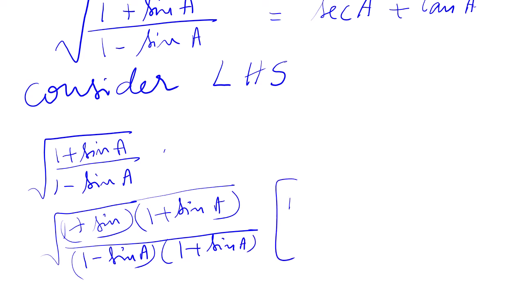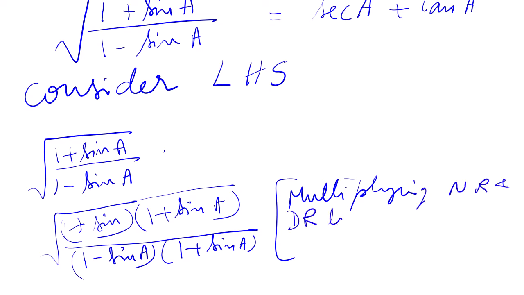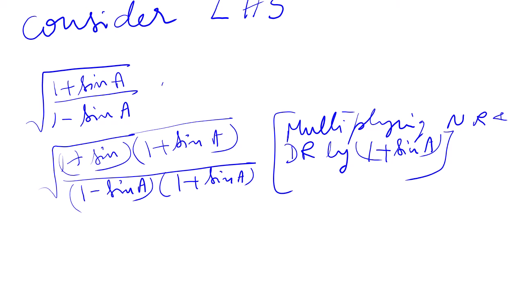What did we do here? Multiply numerator and denominator by 1 plus sin A. So what will you get? Square root of 1 plus sin A whole square, so this square root will go away under this root.